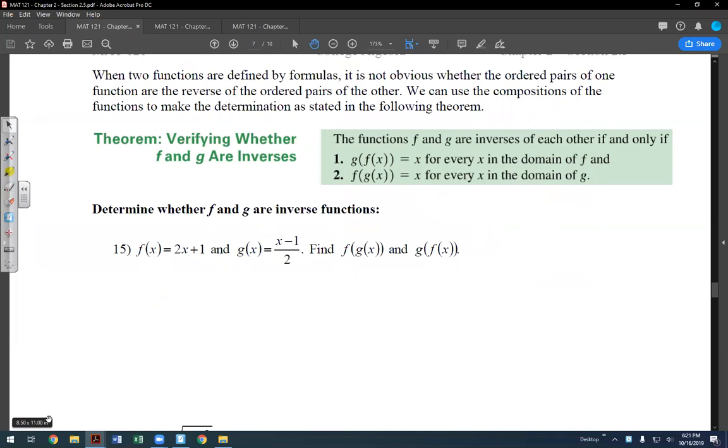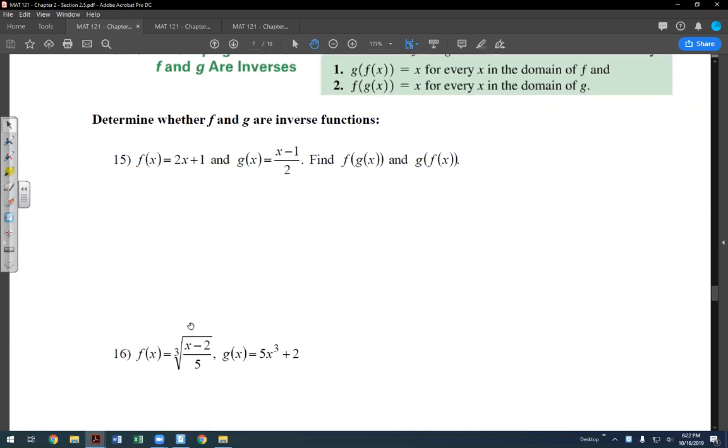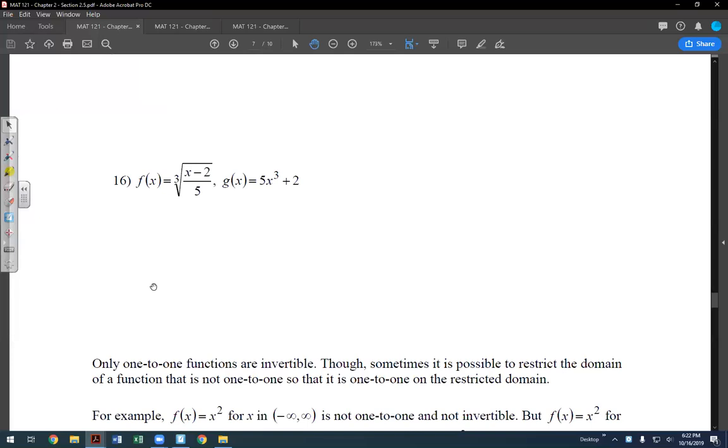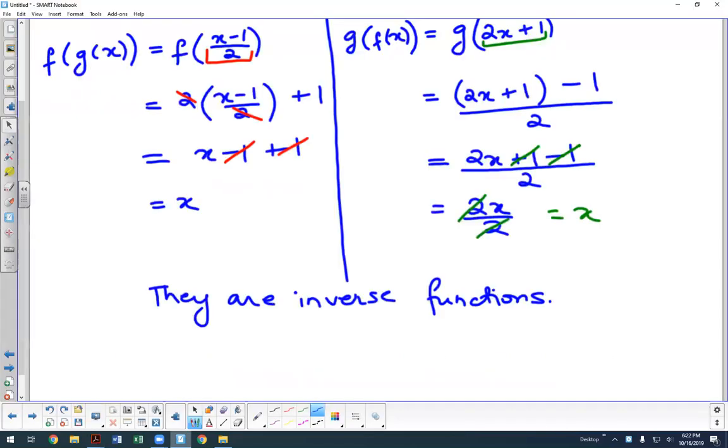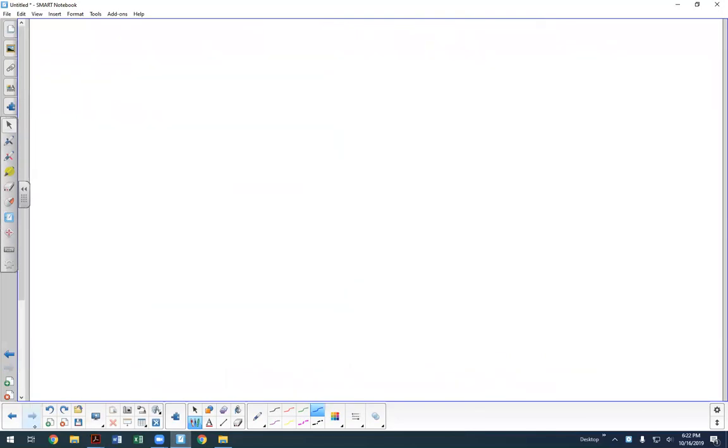Okay. Question on 15. Okay, so obviously I'm pretty much doing the same thing on 16, trying to see the composition going in both directions and verifying if they are inverses of each other or not.